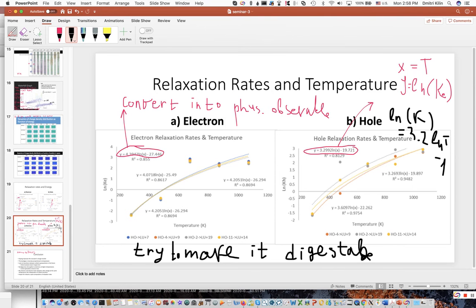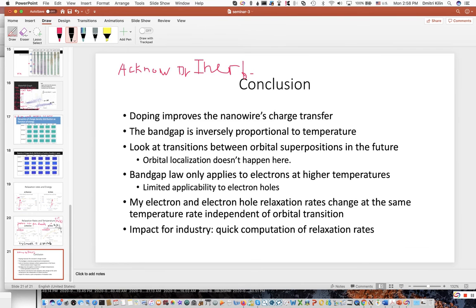And then finally, we can conclude that doping improves the nanowire's charge transfer. The band gap is inversely proportional to the temperature. One quick thing to note is that in the future, if researchers want to improve on my study, they should look at transitions between orbital superpositions. If they do that, they'll most likely find that there's no orbital localization there, right?